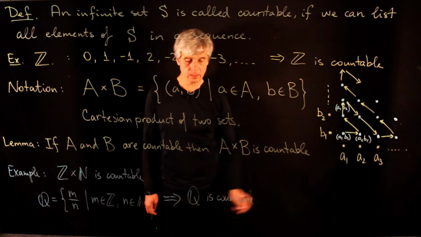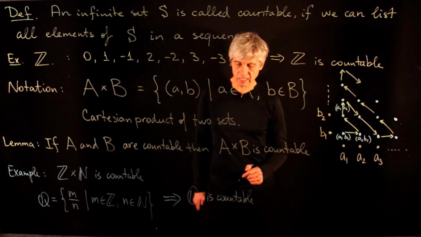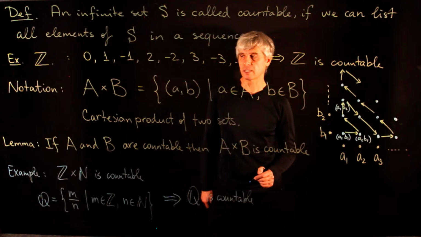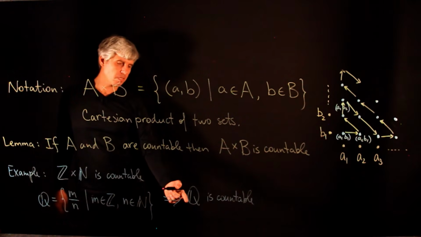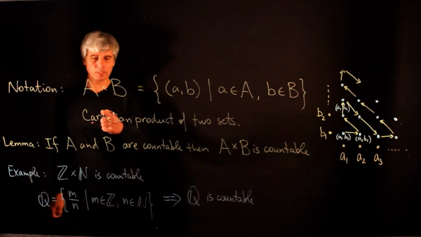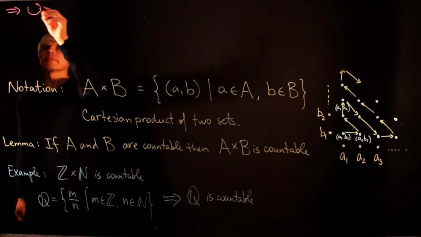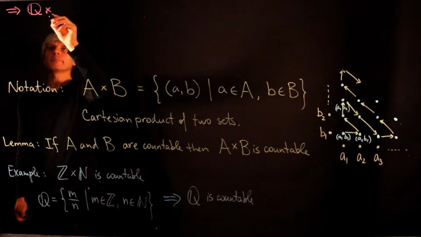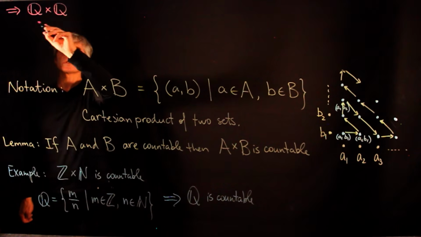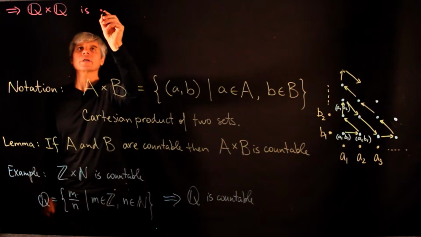Using these ideas, we can arrange all rational numbers as one sequence. Since the set of rational numbers is countable, applying this lemma, what we get is that the set of pairs, or Cartesian product of Q with itself, is also a countable set.